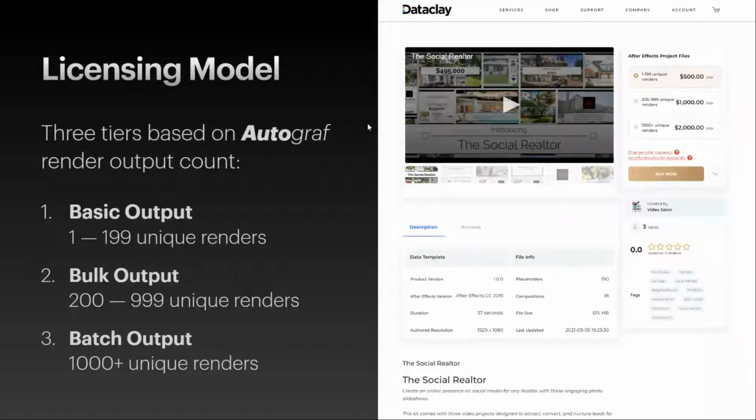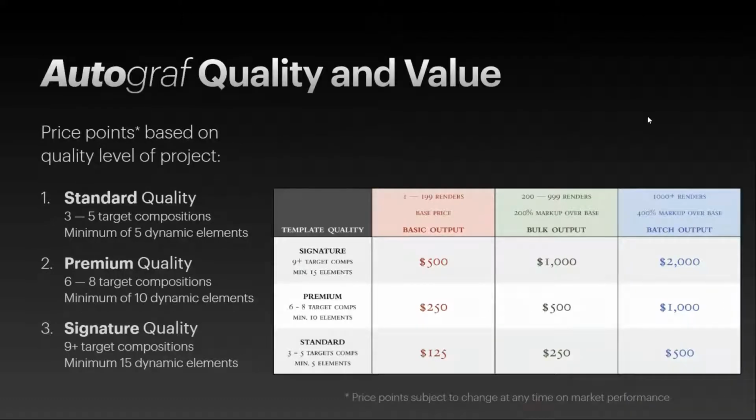That's the licensing model that we have. When you go to a single page on our marketplace, you'll see how that licensing is arranged. Different autographs are different quality levels, so not all of them have the same price. I'm going to talk briefly about how quality and value intersect. At Dataclay, we really value creative people.